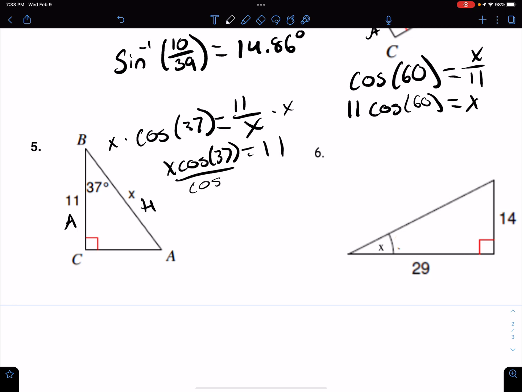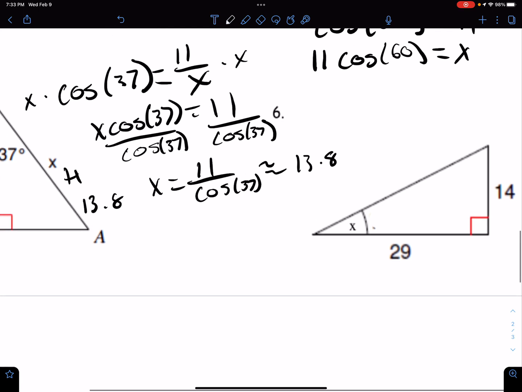Divide both sides by the cosine of 37. So x is equal to 11 divided by cosine of 37. We'll see what that's approximately equal to. So 11 divided by the cosine of 37, and I get roughly 13.8.